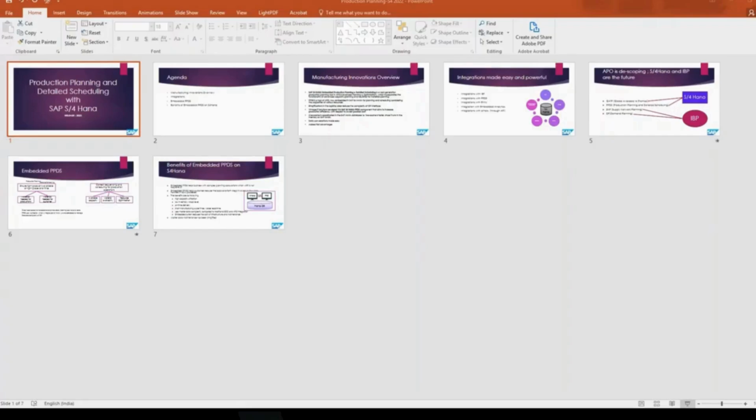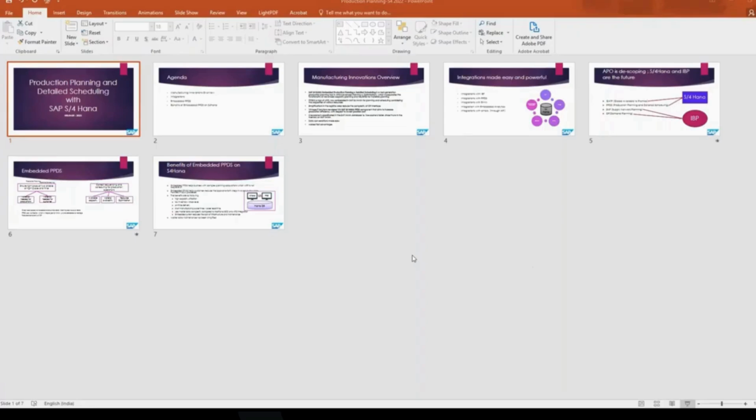Even I have seen some people use SAP S4HANA with a separate APO system. So we have to integrate both the systems. And when we talk about integrations, there is master data integration and transactional data integration. All these integrations happen through the CIF interface.